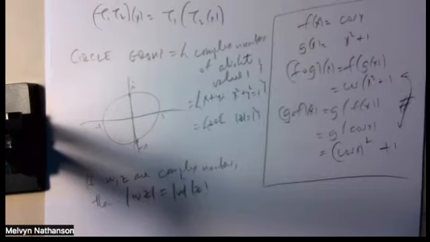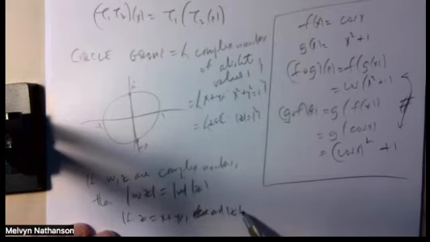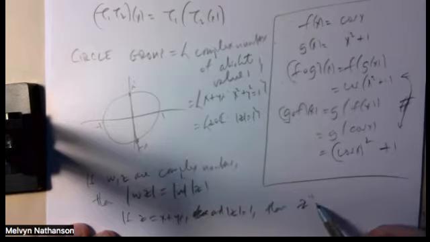And if z is x plus yi, and the absolute value of z is 1, then z inverse is x minus yi, sometimes called the complex conjugate.